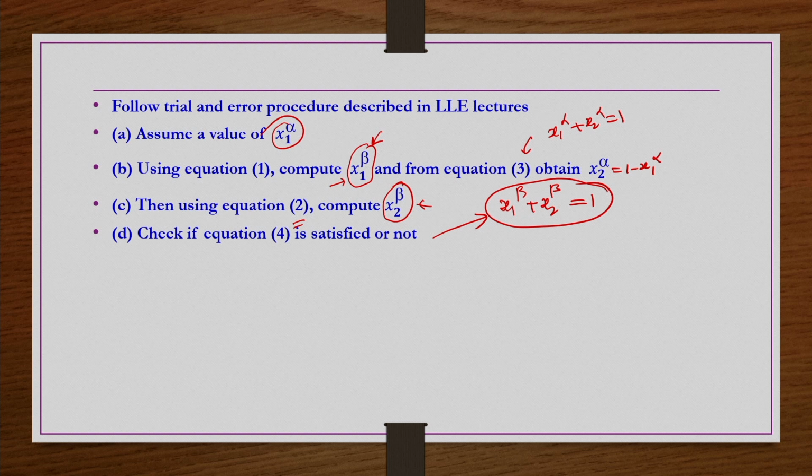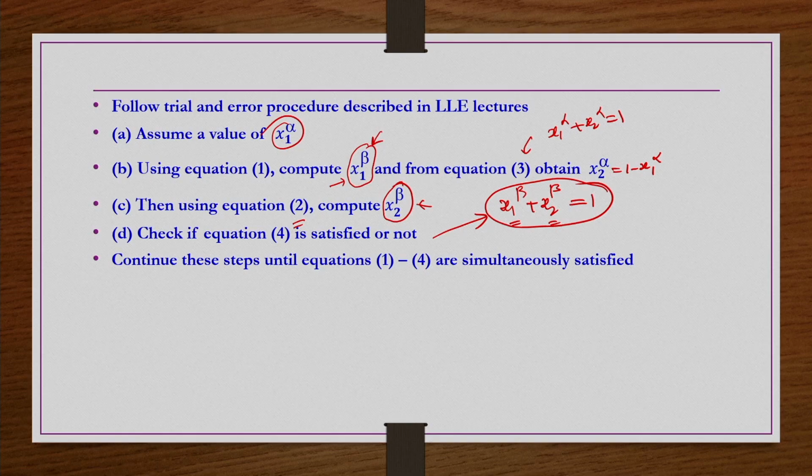So, if equation 4 is not satisfied by independently finding x1 beta and x2 beta from two different equations and adding them together, if they are not coming equal to 1, that means the assumed value of x1 alpha is not correct, and then we have to update x1 alpha or assume another value of x1 alpha and continue the procedure till we satisfy this equation. Okay. Continue these steps until equations 1 to 4 are simultaneously satisfied and then get the answer.